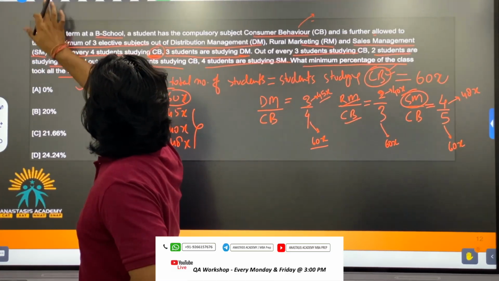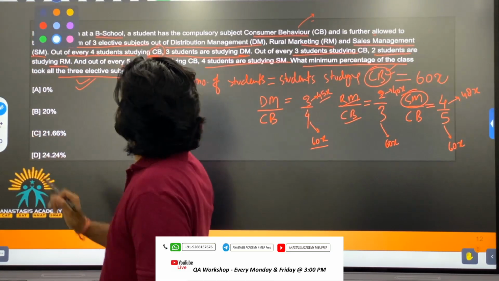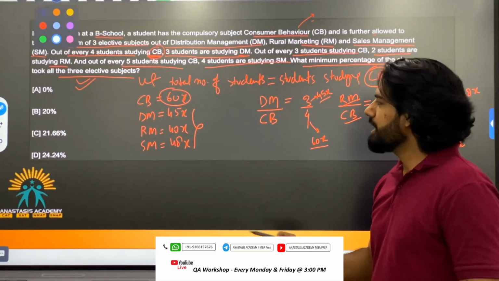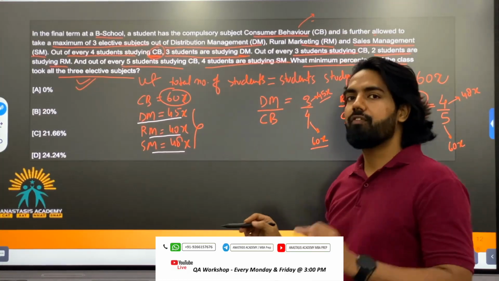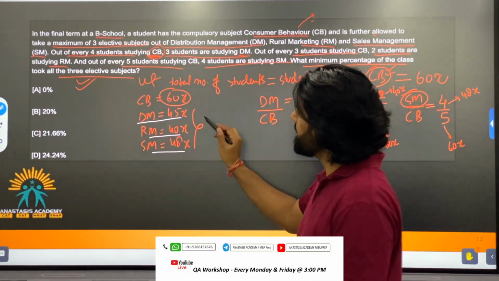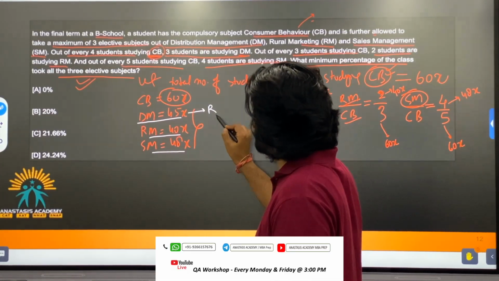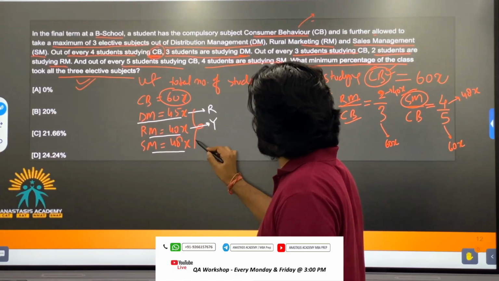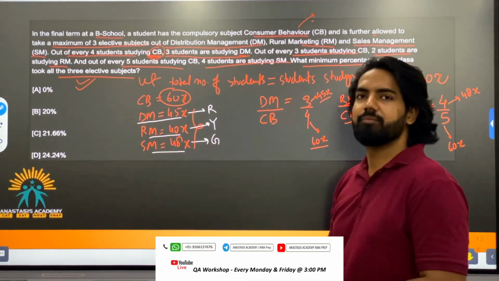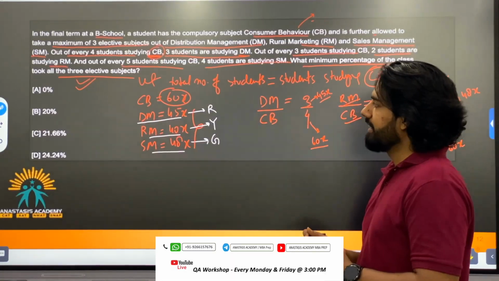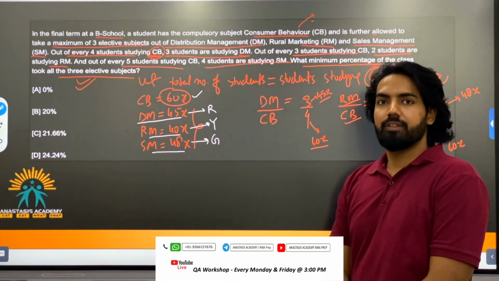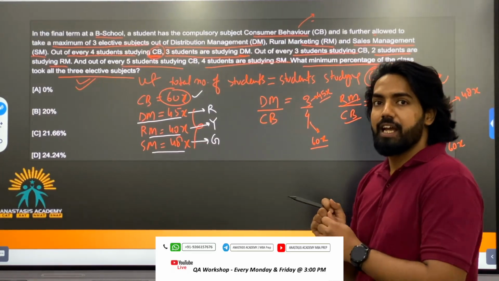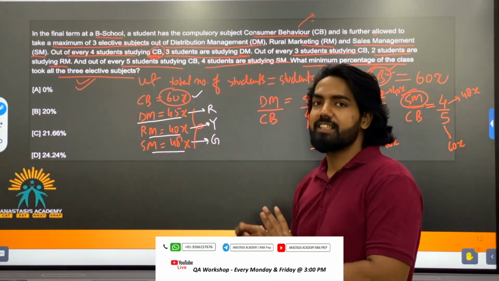I am assuming these three subjects as flags: a red flag, a yellow flag, and a green flag. So the total number of students is 60x, and I have to give flags to each of these students.